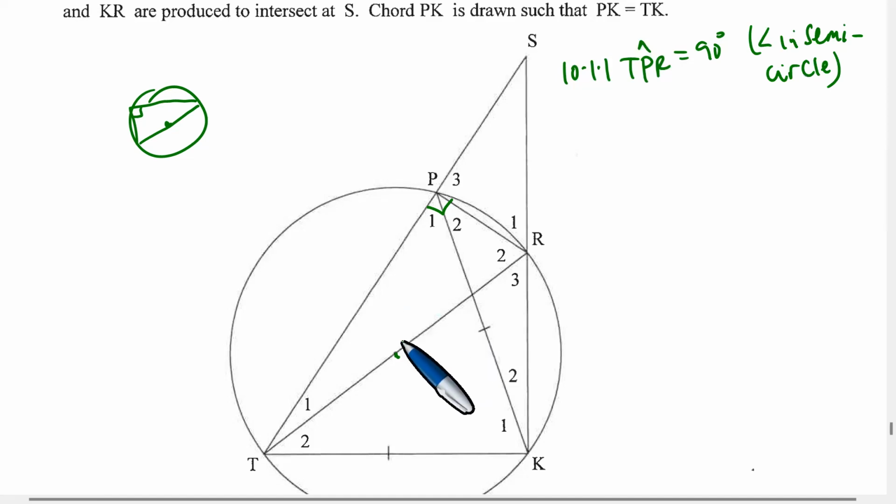So this angle is 90 degrees, but also angle SPR is equal to 90 degrees.